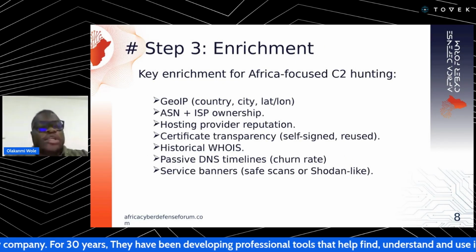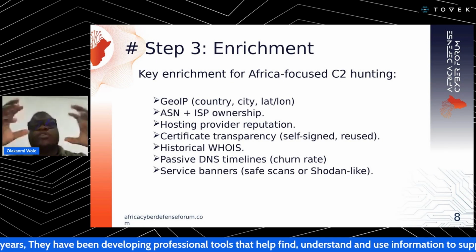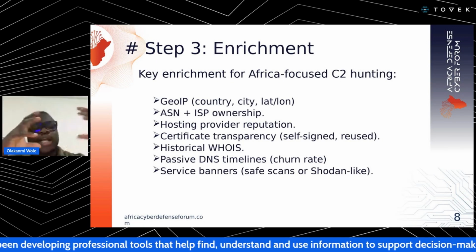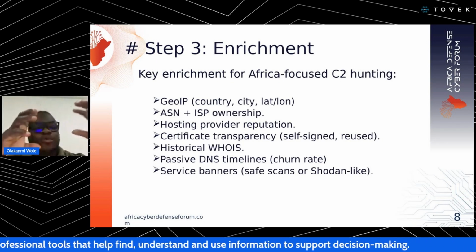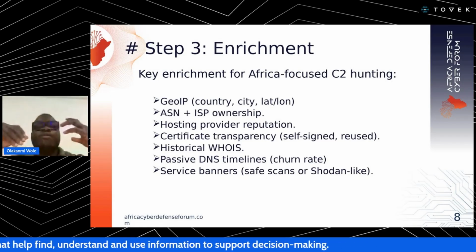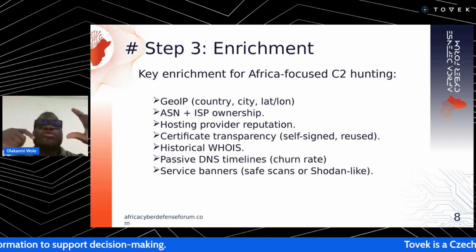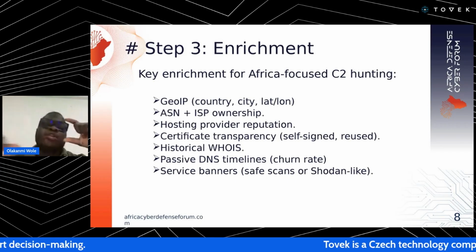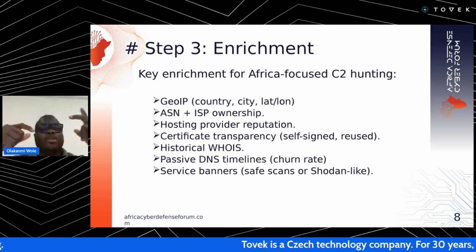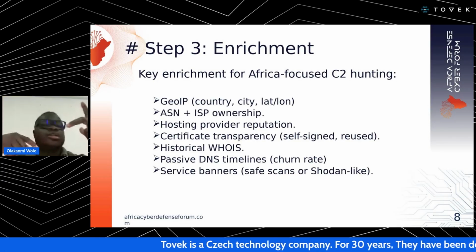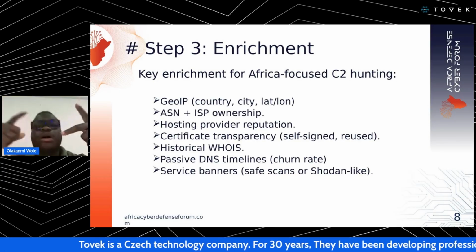So yes, once you've been able to normalize that data, the next step would be to enrich what you have, right? You have an IP address, you need to be able to get additional information about that IP address. You have a domain, you need additional information about the domain.